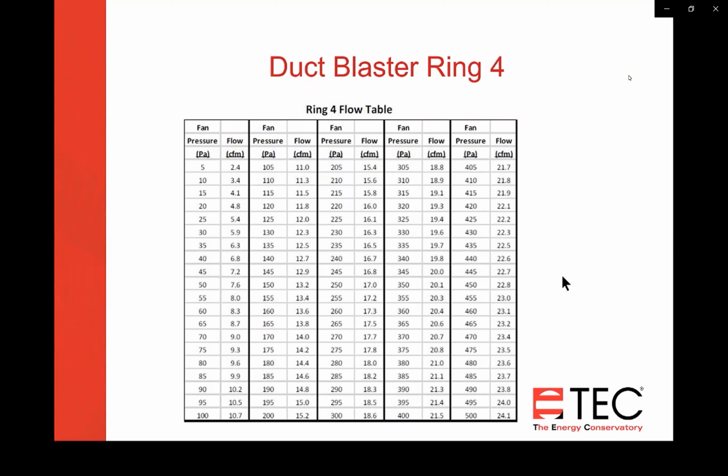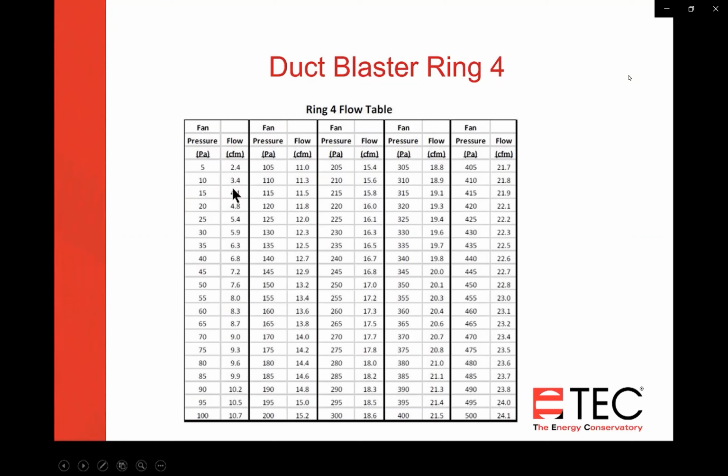You'll need to put the gauge in pressure mode, and channel B is reading the pressure across that hole in the duct blaster ring 4, and this chart converts that pressure across that hole to flow. So it's a little bit different than using ring 3.